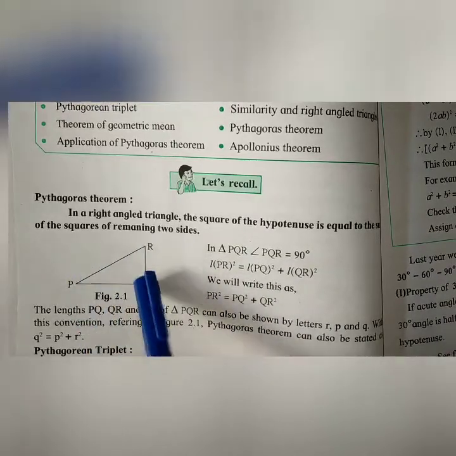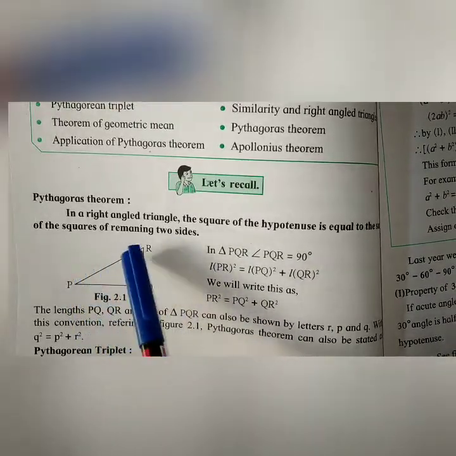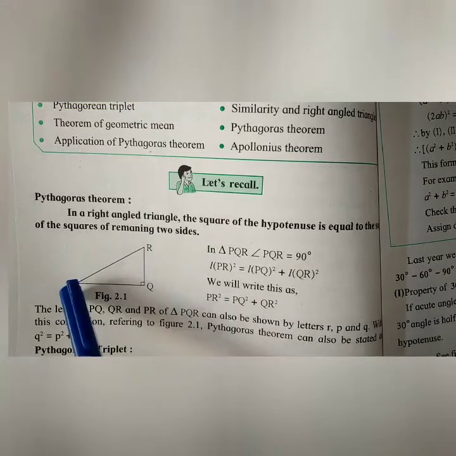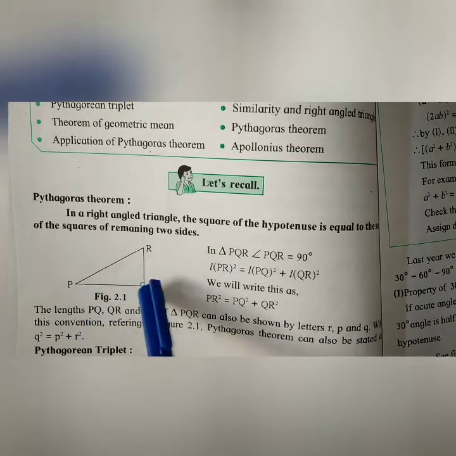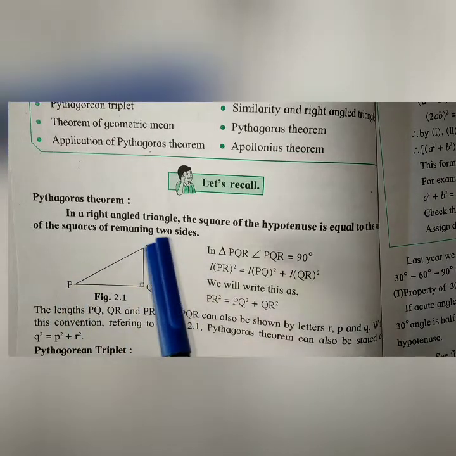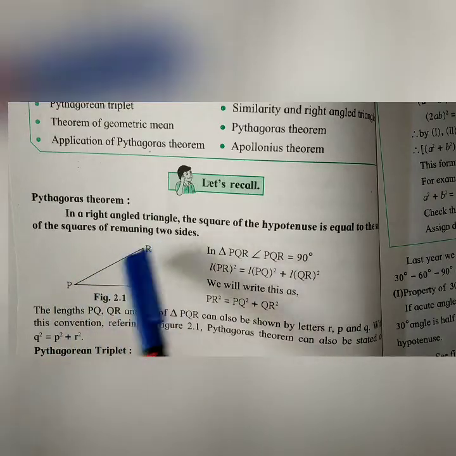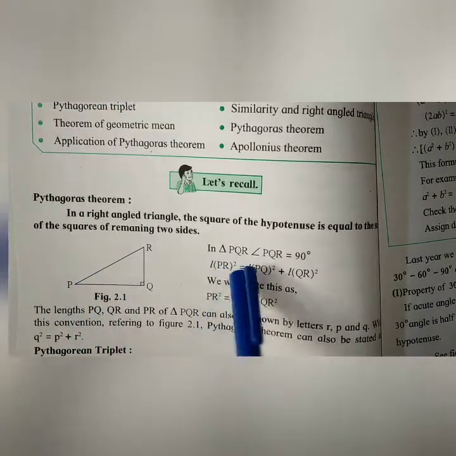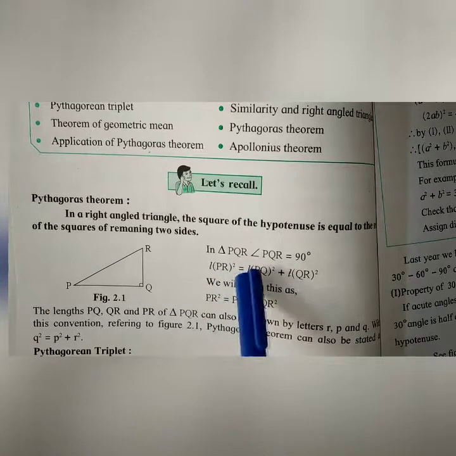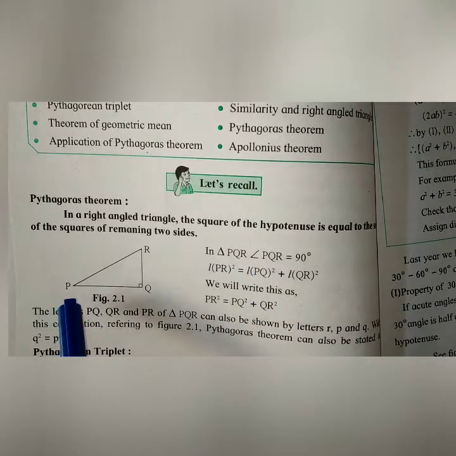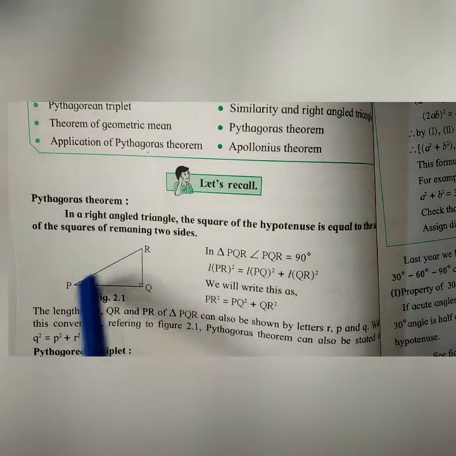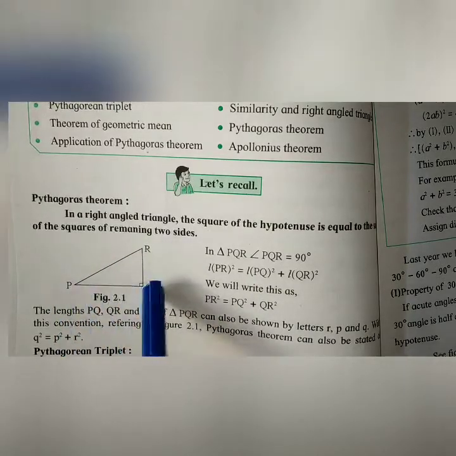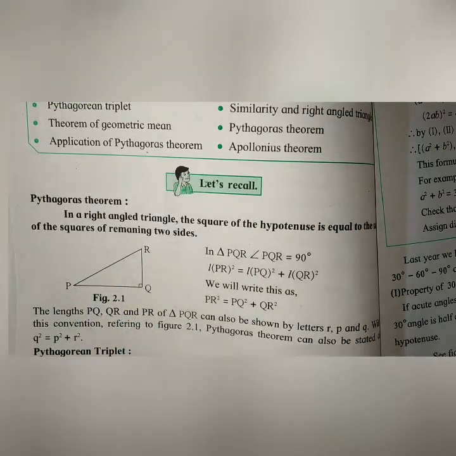Here in this right angle triangle PQR, PR is the hypotenuse and PQ and QR are the remaining two sides.